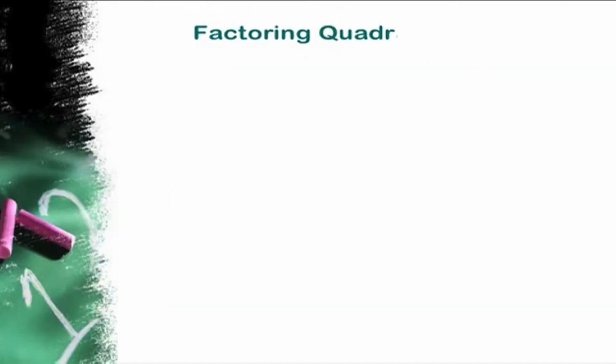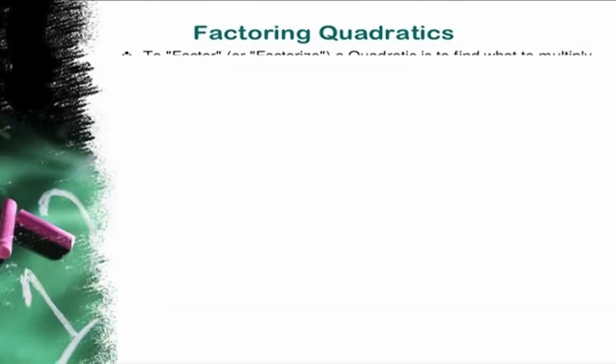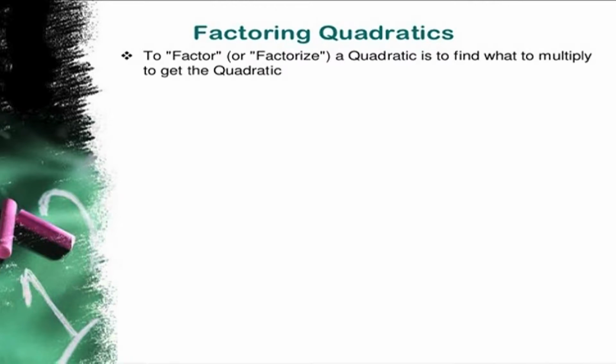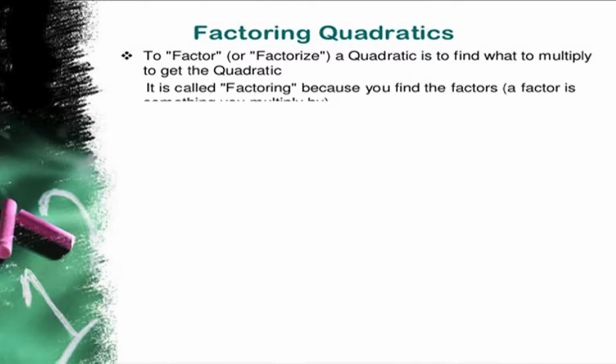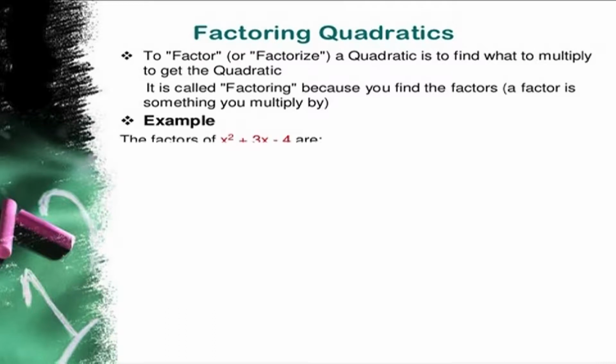Now, how to factor a quadratic? To factor or factorize a quadratic is to find what to multiply to get the quadratic. It is called factoring because you find the factors. A factor is something you multiply by. For example, the factors of x square plus 3x minus 4 are x plus 4 and x minus 1.